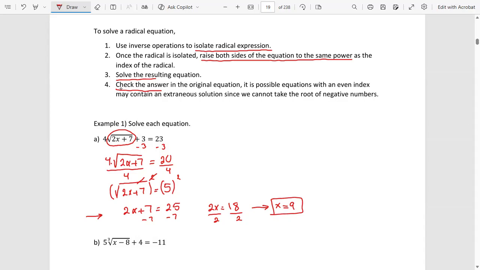When we check the answer, we just want to make sure that if the index of the radical is an even number like 2 or 4 or 6, the expression under the radical must be positive. That's all we check.